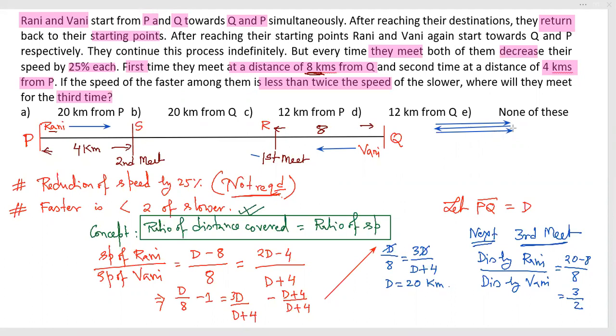It is the movement of Rani. For Vani, in another color, from here reach up to that, and return back up to this. This would be the point of the third meeting.